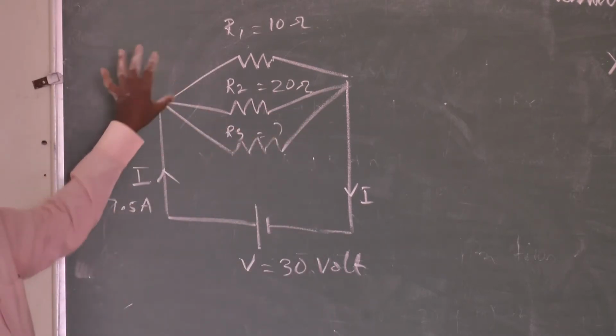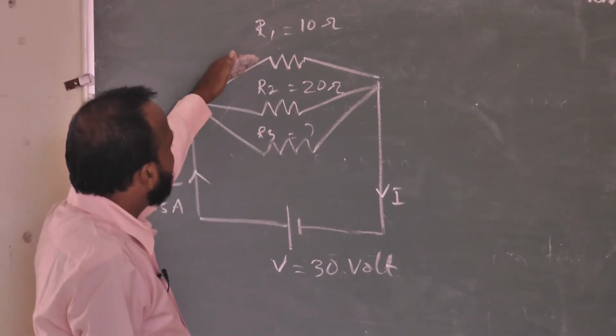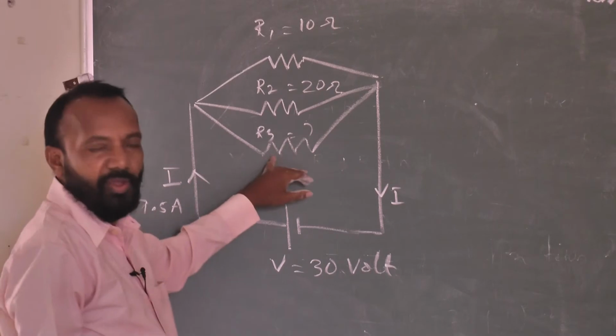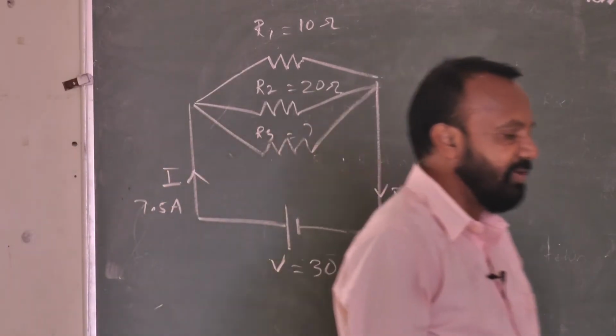So what do you have to do? R1 is given, R2 is given, R3 you have to calculate, current I is given, voltage V is given.